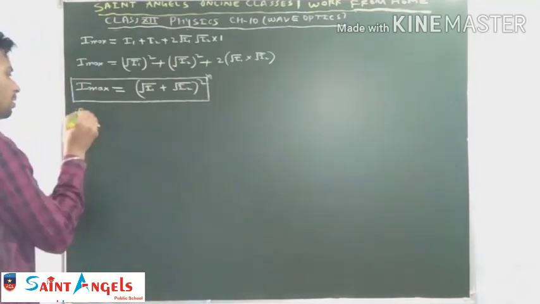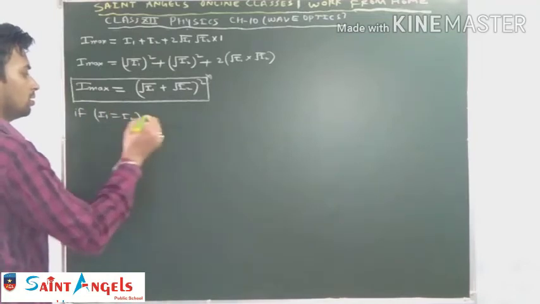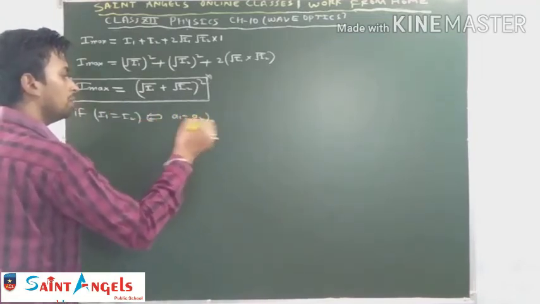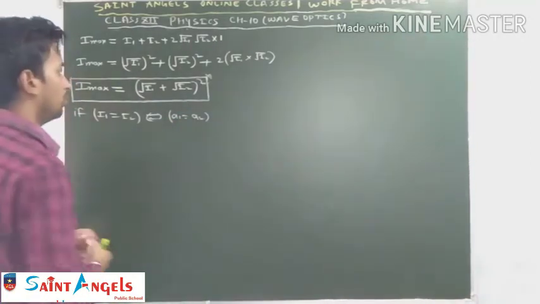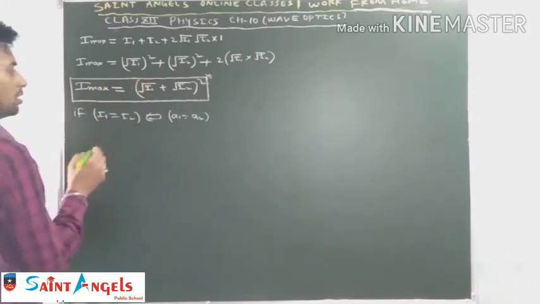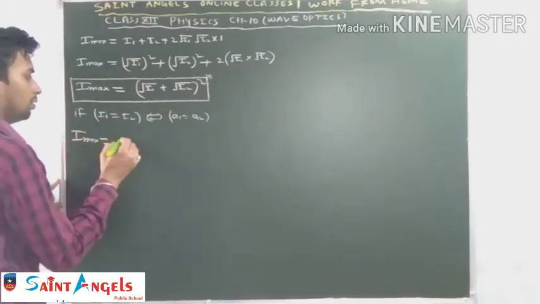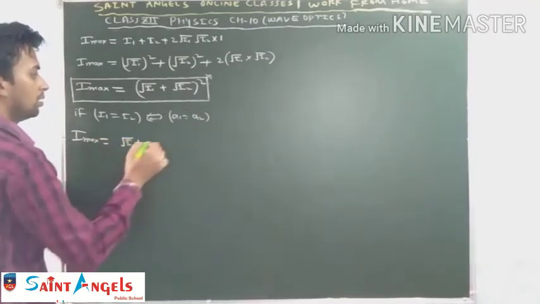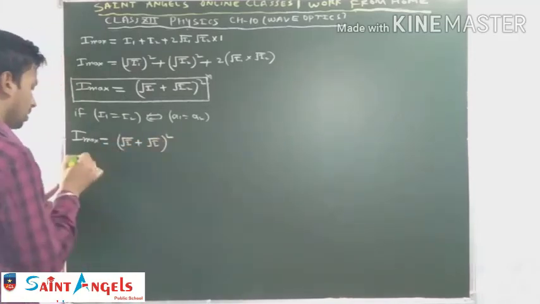If I1 equal to I2, it implies that A1 equal to A2. It means both of the superposed waves have the same amplitude. Then in this condition maximum intensity is equal to root I plus root I whole square.